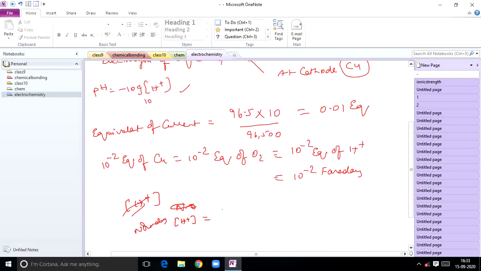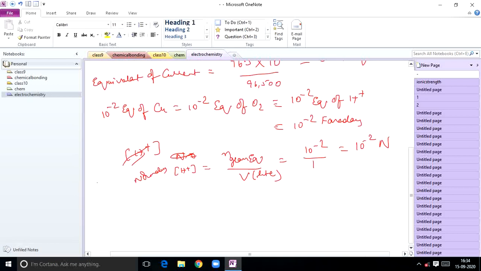So the normality of H plus ion concentration is equal to number of gram equivalents by volume in liters. Here we can take it as 10 power minus 2 by volume. He is telling 1 liter only. So finally you will get 10 power minus 2 normal. In terms of normality we got.